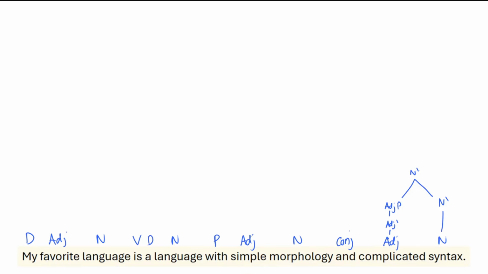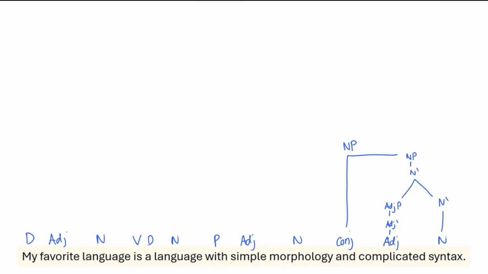So syntax is the noun, that's the head of the phrase. So the noun will project itself up. Now we have an N bar here, and we're going to conjoin this with a conjunction. So this is going to form a complex noun phrase. So we want to make complicated syntax a full noun phrase at this point with no specifier.